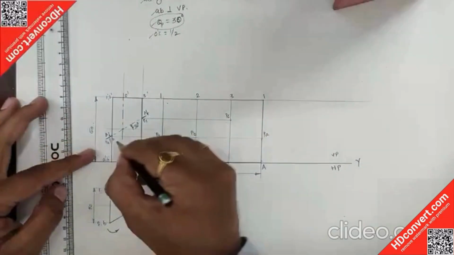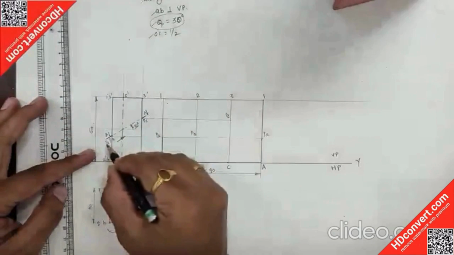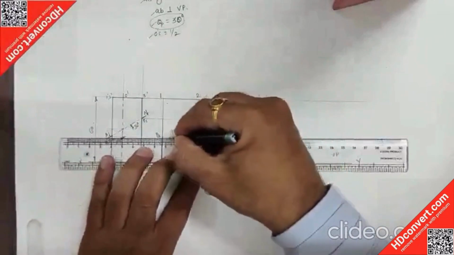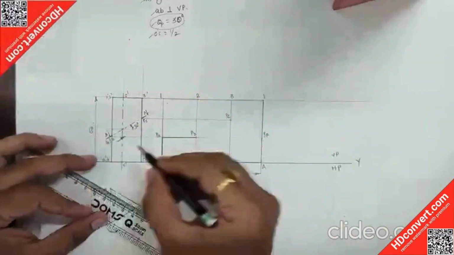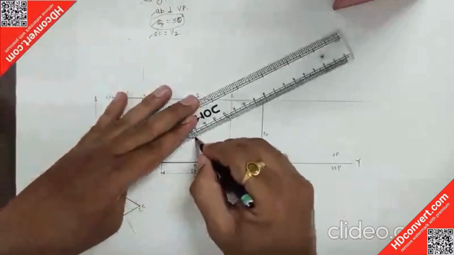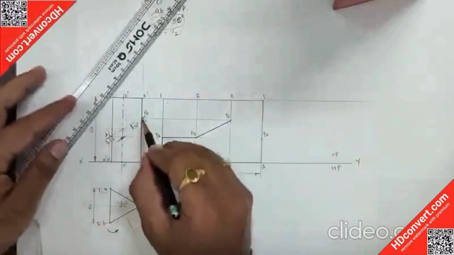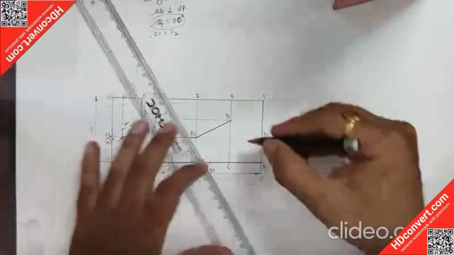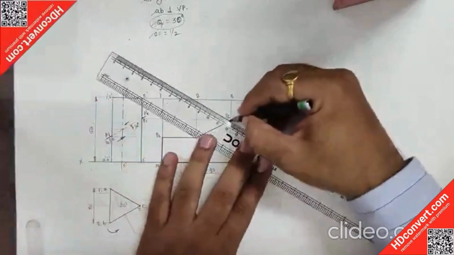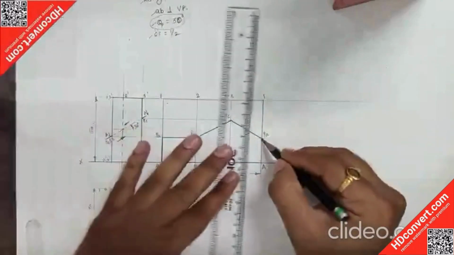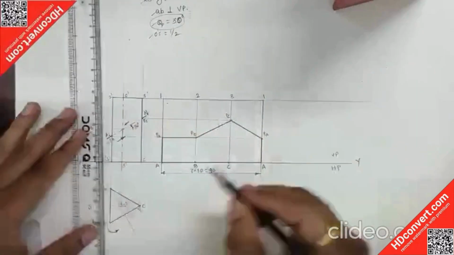After PA, you move in the upward direction to the PB point, so draw it with a continuous thick line. After PB, there is the PC point, so connect it. After PC, move in the downward direction again to the PA point, the starting point. After PA, again the starting point A.